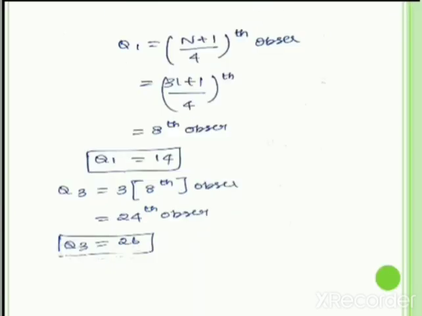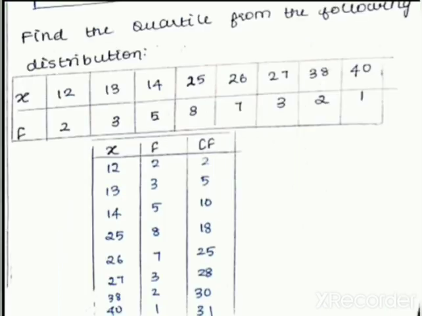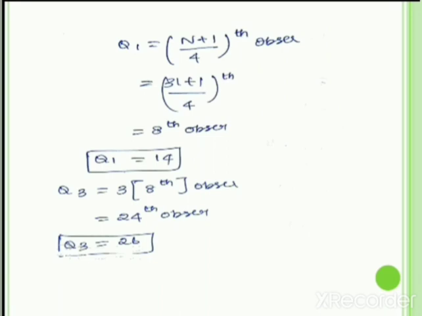Now we have to find Q1, which is the first quartile. Our first quartile formula is the (N plus 1) by 4th observation, where capital N is the total frequency, 31. So 31 plus 1 is 32, divided by 4 is equal to 8. So the 8th observation. In our question, the 8th observation is 14.